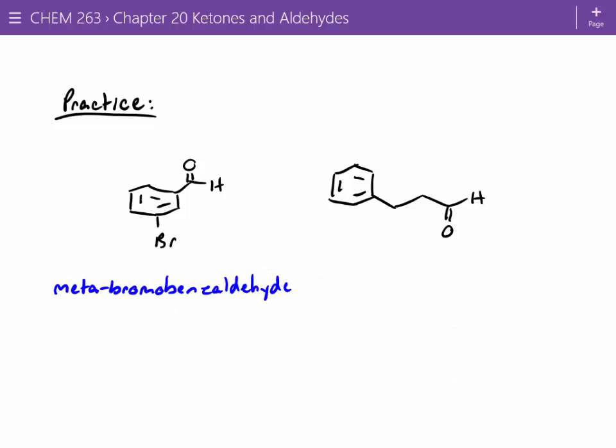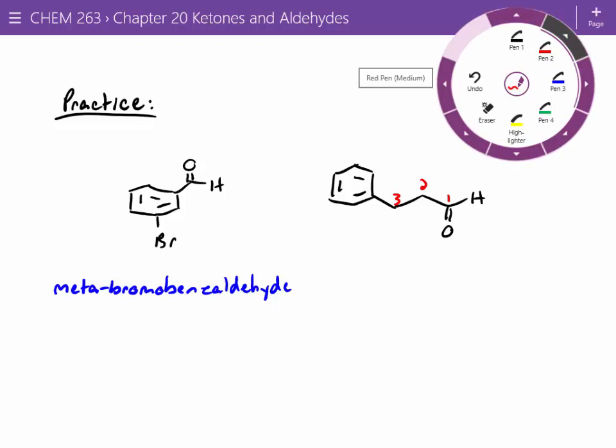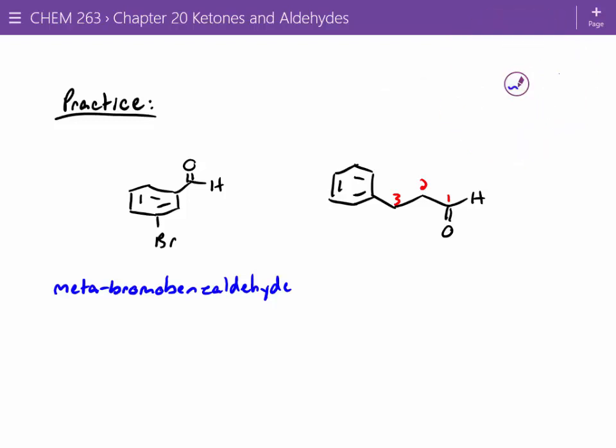The one on the right, we have to number it going 1, 2, 3, right? So if we were to name this one, this would be 3-phenylpropanal, because this whole group is considered a phenyl group coming off of there.